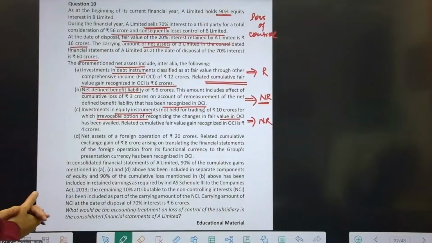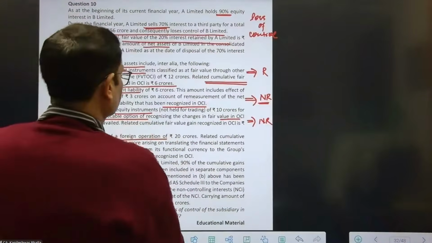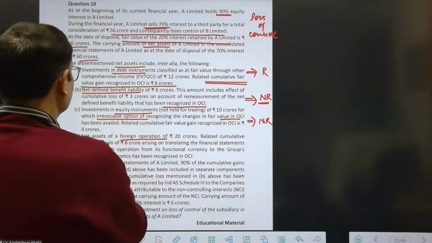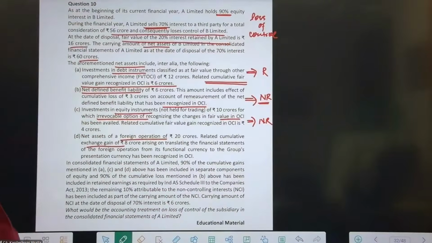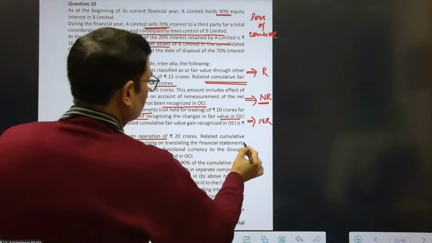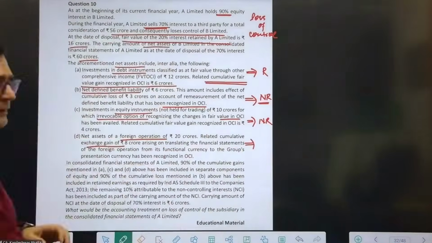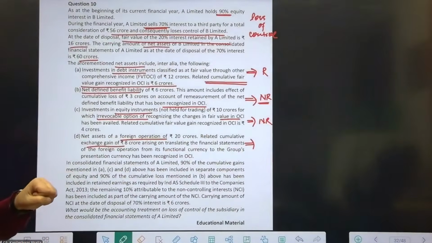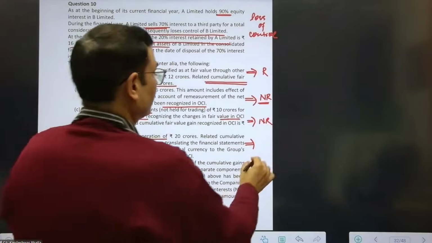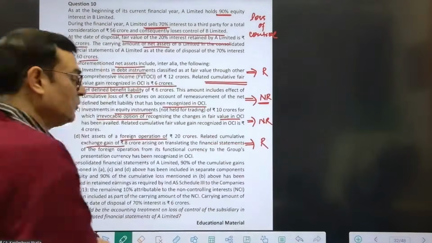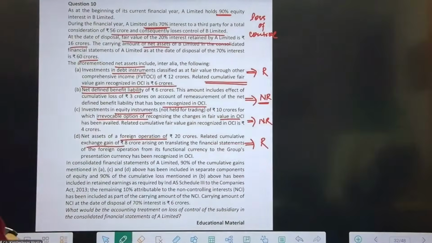And then it says net assets of a foreign operation is given and the cumulative exchange gain of 8 crores is given. And this is also taken in OCI, R. It's a FCTR on account of Index 21. So foreign currency exchange. That's right, it is R. It is on the disposal of the foreign operation. It goes in the P&L.